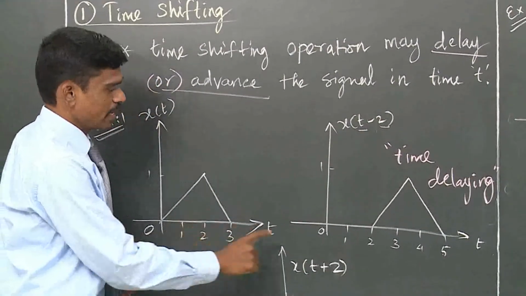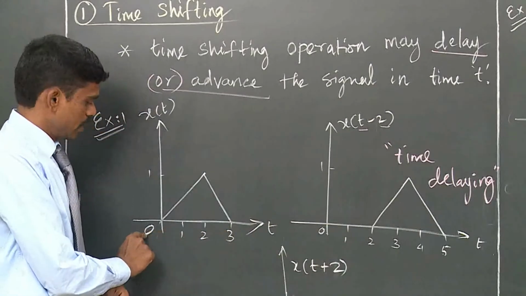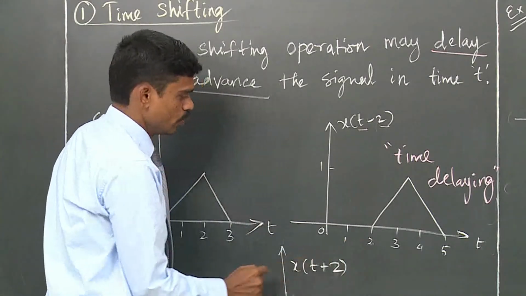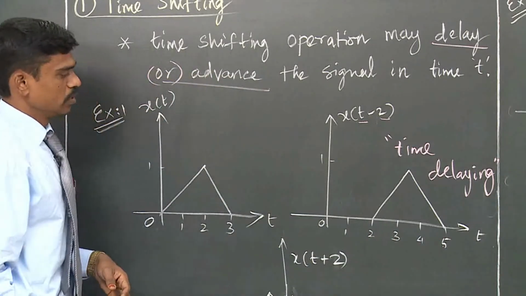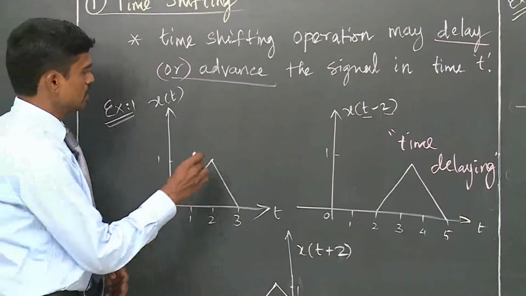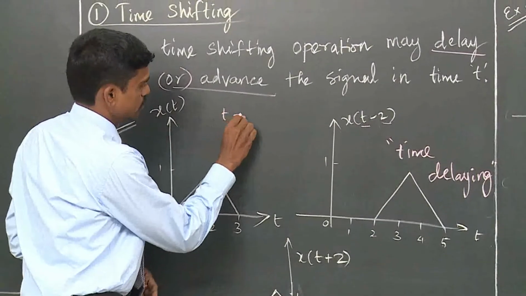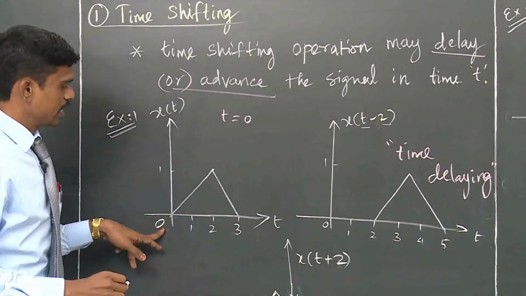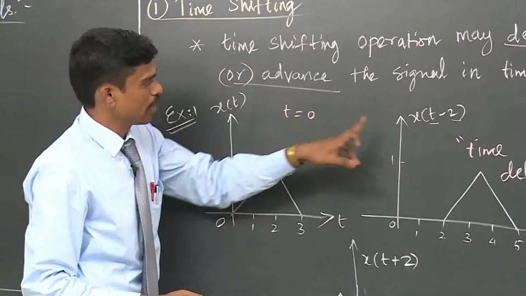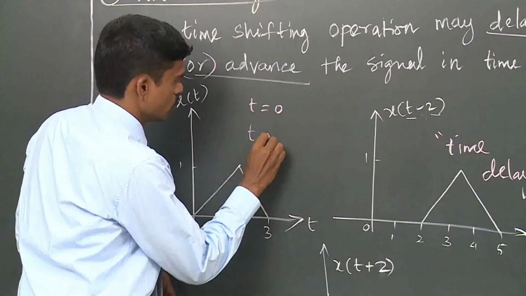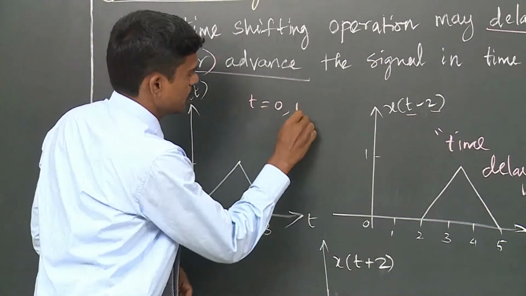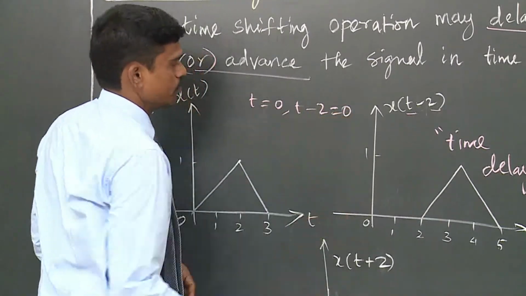What is happening here is that my 0 is shifted to 2 and my 3 is shifted to 5. With calculation I can explain it like this. If t is equal to 0, I want to replace t with t minus 2. So t minus 2 is equal to 0.